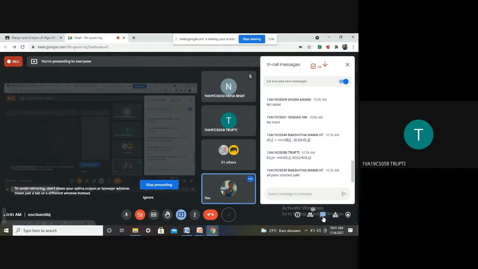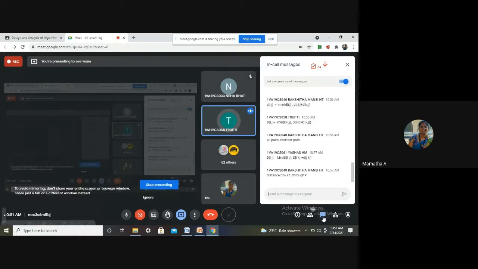What does d of ij give me? The distance of the path between i to j. What does d of ik plus d of kj give me? It takes k as the intermediate vertex, and it gives the distance of the path from i to k and then from k to j.